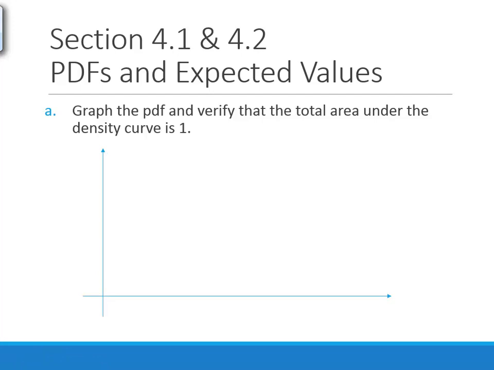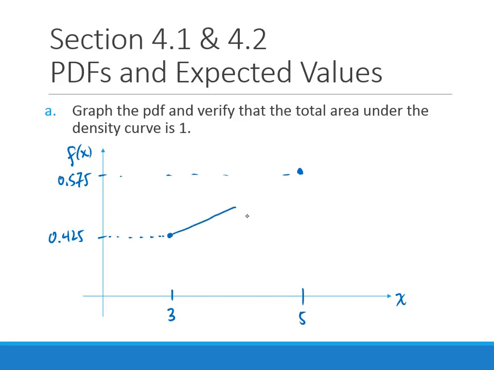Here I did my homework ahead of time. Between 3 and 5, this is x, and this is the density curve f of x. When x is equal to 3, the density is over here at 0.425. And when x is equal to 5, it jumps up here to 0.575.